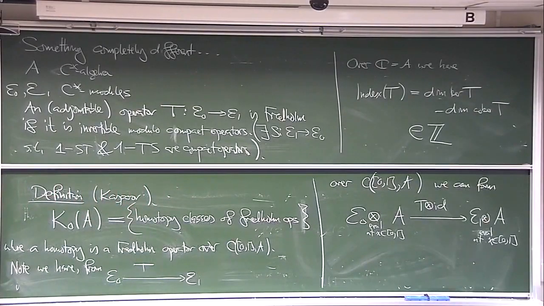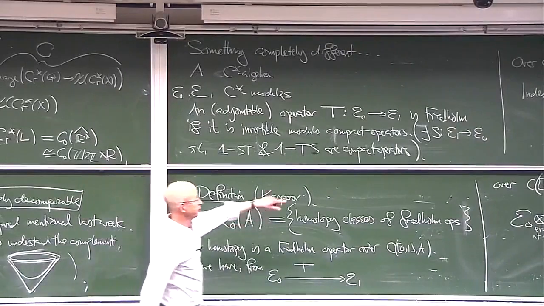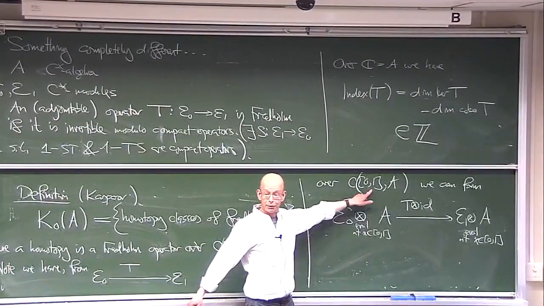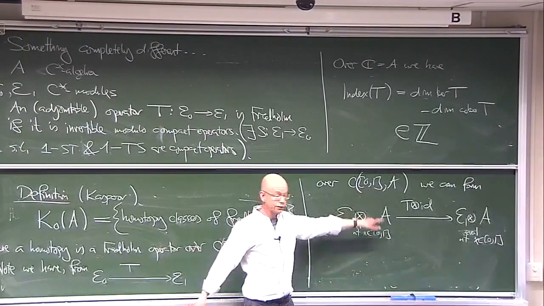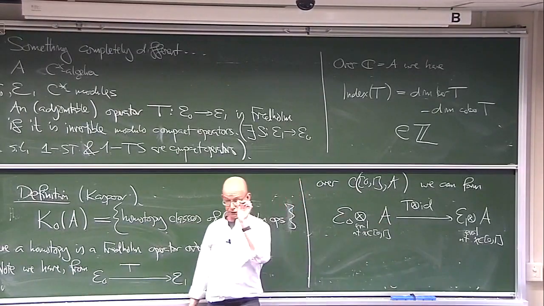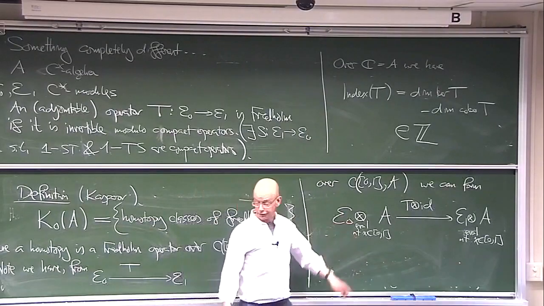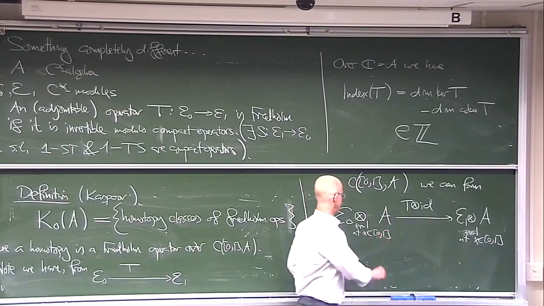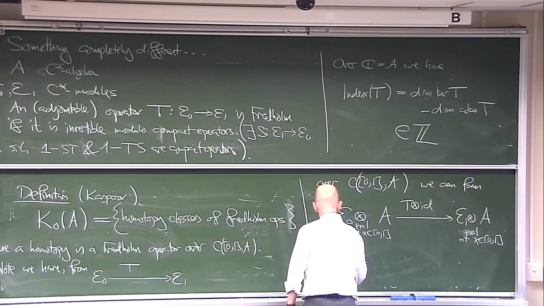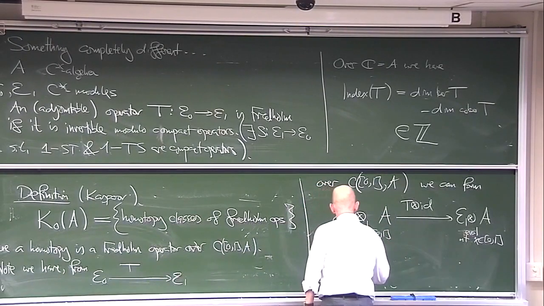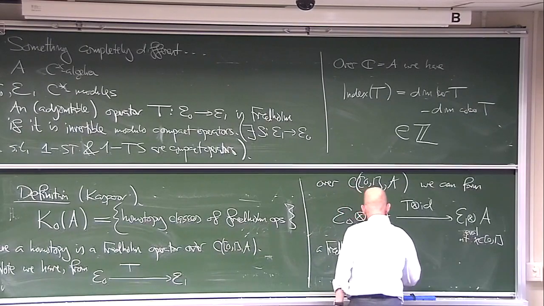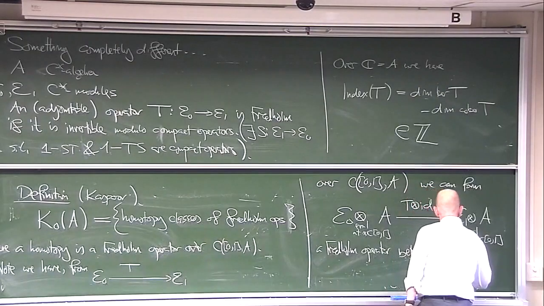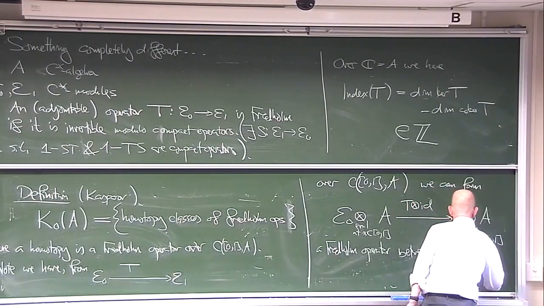But A also carries a left action of this algebra of functions, because I can just pick any point in [0, 1] and evaluate at that point to get a left action of this algebra of functions on A itself. And if I choose a fixed x for a moment, I can convert any homotopy, in this sense, to just a single operator. So this is now a Fredholm operator between modules over A.